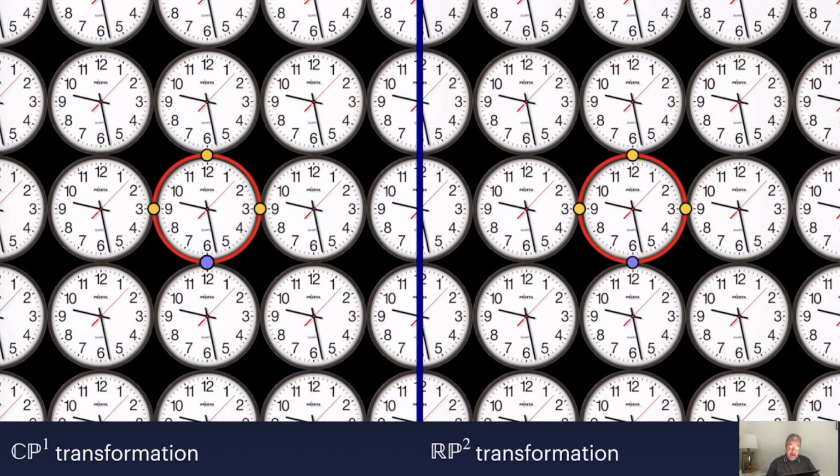Before that, I want to give you a comparison of those two transformations. For this, I wrote the following animation, and I first have to explain what you will see next. You will see two pictures. The picture on the left is CP1, and the picture on the right is RP2. In both cases, we have a circle.